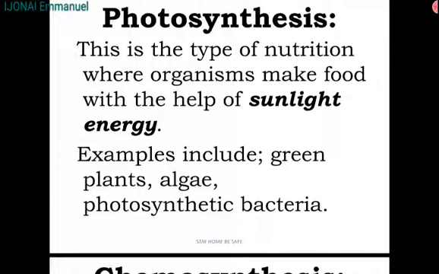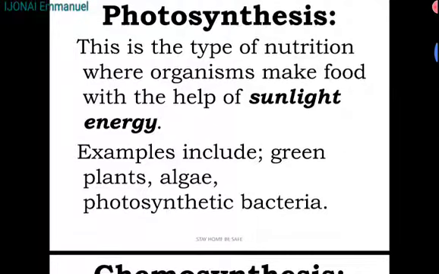It is called the green algae, the spirogyra. They also carry out photosynthesis because they have chlorophyll. And then we also have some bacteria called photosynthetic bacteria, which also carry out photosynthesis. So I want you to accept that green plants carry out photosynthesis, but also other organisms like algae and photosynthetic bacteria. So photosynthesis depends on sunlight.